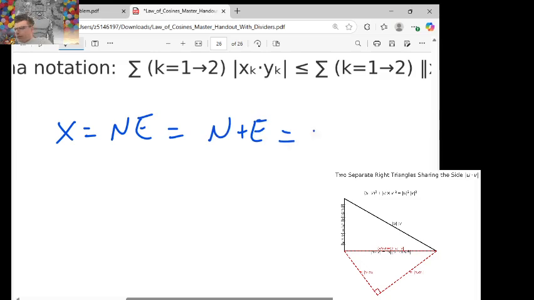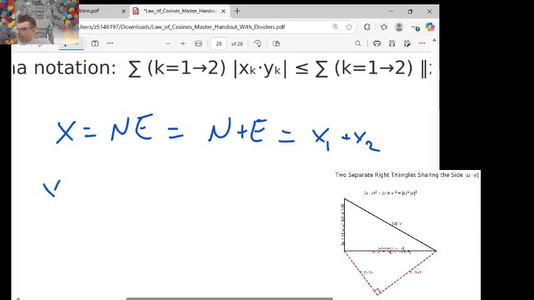And then we just call that in mathematics x1 plus x2. So x equals x1 plus x2 because x is two-dimensional, which is northeast, right? It's made up of two independent vectors. And then we call that x1 plus x2.